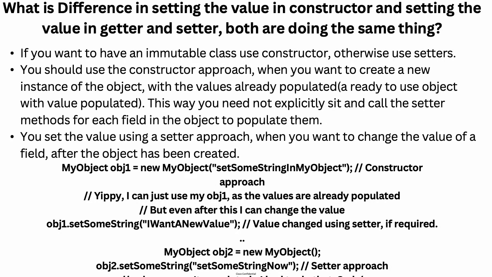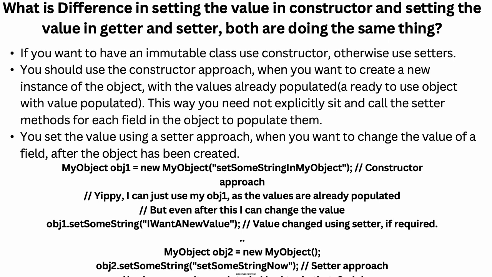What is the difference between setting the value in a constructor and setting the value in a getter and setter? Both are doing the same thing. This question is from the Spring Framework, where constructor and setter injections are used. If you want an immutable class, use constructor injection and set the value there. Otherwise, you can use setter injection, which is the mostly used approach.